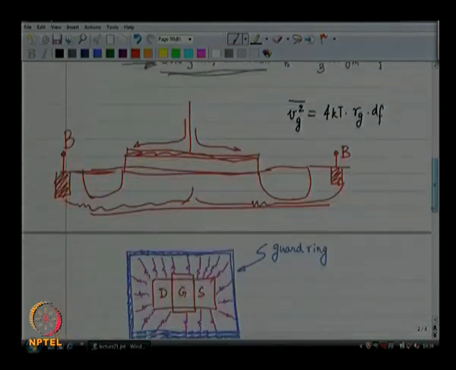Okay. Now, when we deal with noise, there are so many different noise sources, it is very hard to do the analysis in one shot. So, what we normally do is we use the principle of superposition and we analyze one noise source at a time and find the effect at the output, right.